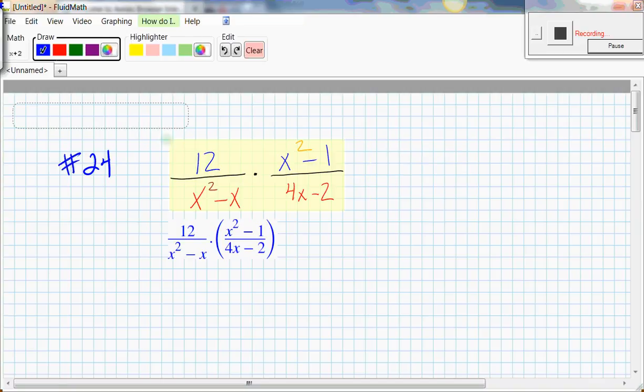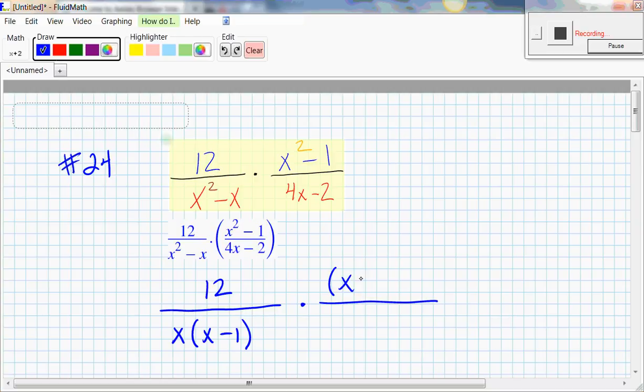All right, here we go. So on the top, I'm going to have to factor each of these pieces. I'm going to have 12 up here. I'm going to have an x times x minus 1. On the top right, I'm going to have x plus 1 times x minus 1. On the bottom, I'm going to have 2 times 2x minus 1.